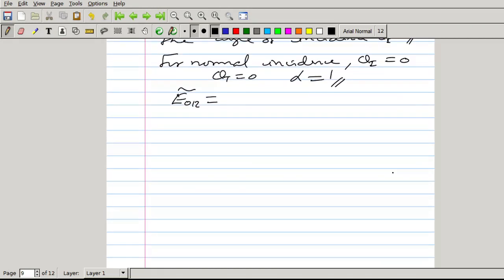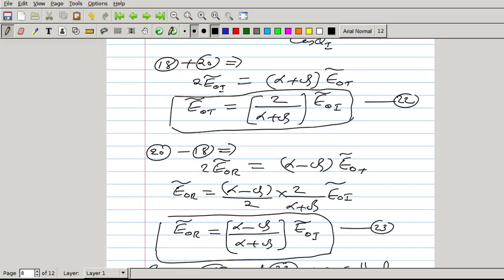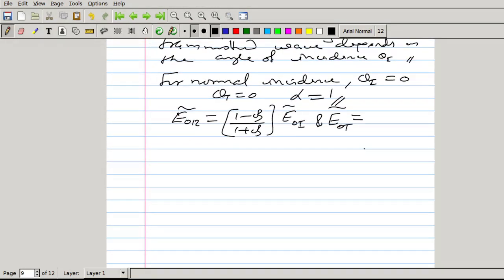E0R is alpha minus beta, so this is 1 minus beta by 1 plus beta into E0I, and E0T transmitted is 2 by 1 plus beta into E0I. So these equations are identical to those we obtained for normal incidence. So they are the same.